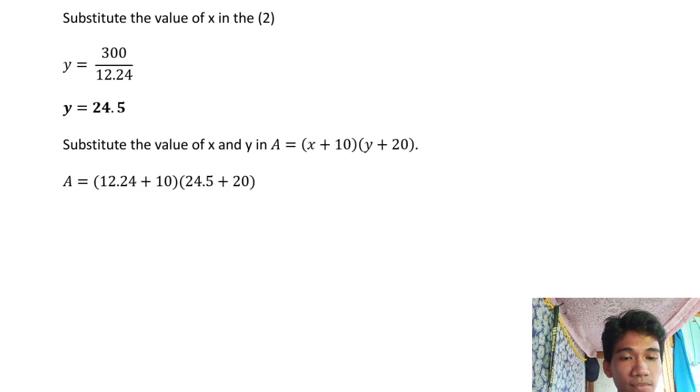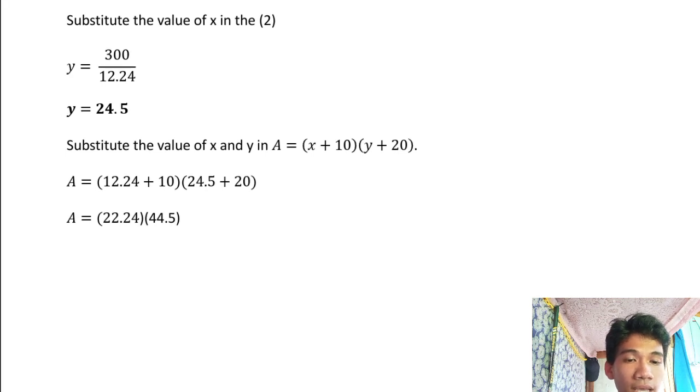So we have the 12.24 plus 10 times 24.5 plus 20. So add na to ang 12.24 og 10. So we have the 22.24, and then add na po nato ang 24.5 og 20. So we have 44.5.